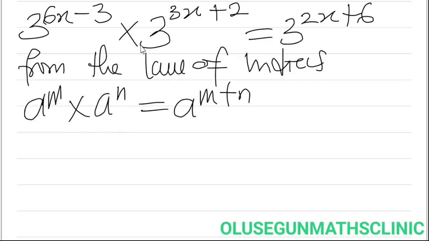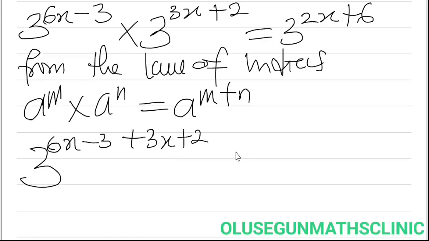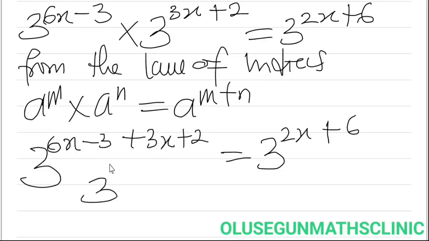Therefore, if this occurs in mixed form, you choose only one 3 here. So I have 6x minus 3 plus 3x plus 2 is equal to 3 raised to power 2x plus 6. Now let's add these two together. 6x plus 3x will give us 9x, which is 9x minus 1, is equal to 2x plus 6.